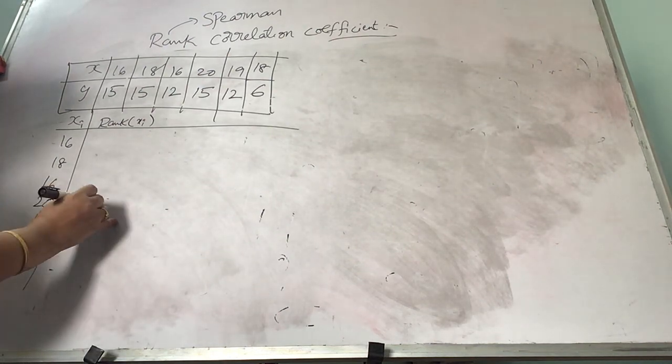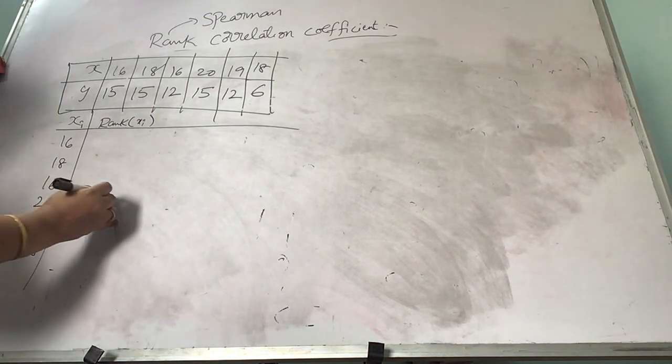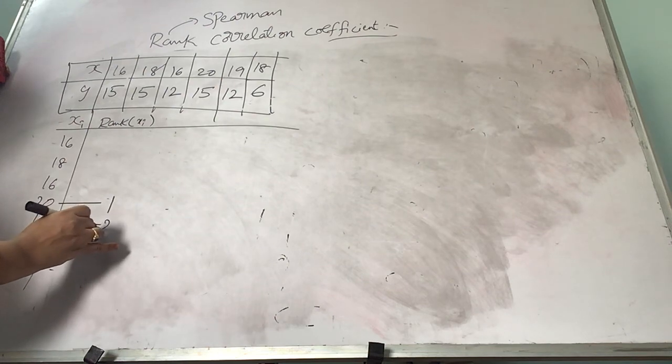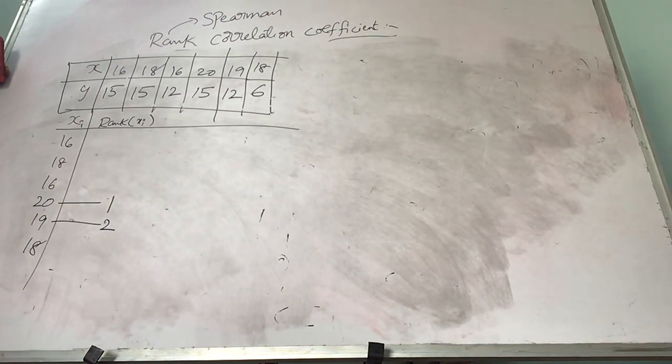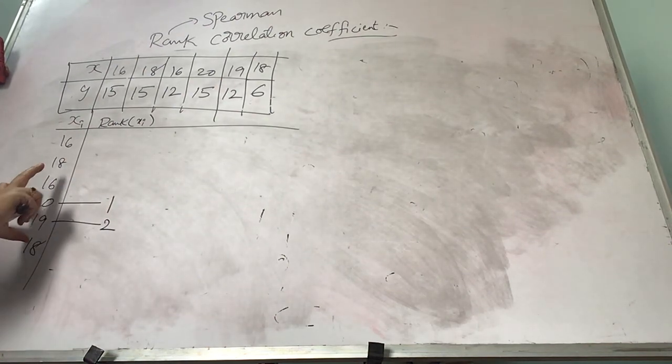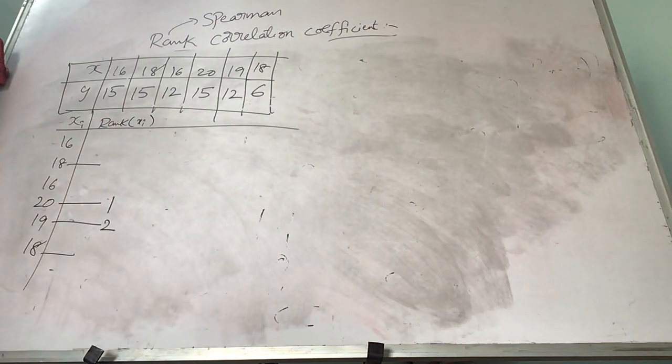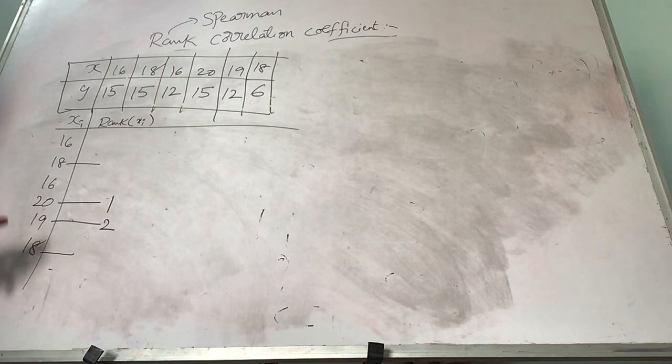So, the rank of 20 is 1. Next highest value is 19, so we assign second rank for this. Next highest is 18. Here 18 is repeated.